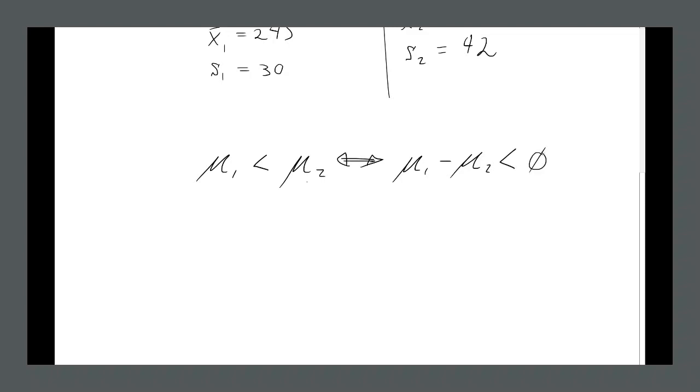Just taking mu2, moving it to the other side of the inequality, right? If mu1 is smaller, well then we have a small value minus a big value, the result is going to be negative. The result is going to be less than 0. So two different ways of writing the same thing.